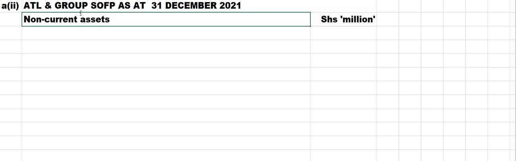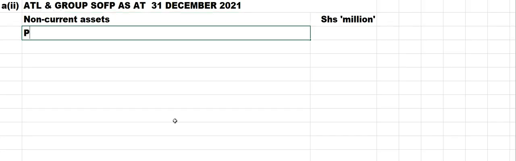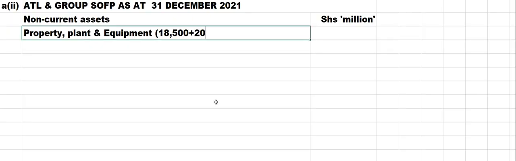Under the non-current assets, we have property, plant and equipment. Parent, how much do we have? We have 18,500 plus the subsidiary. Subsidiary has how much? 20,000. Plus 20,000. In the balance sheet, we don't time apportion, please.